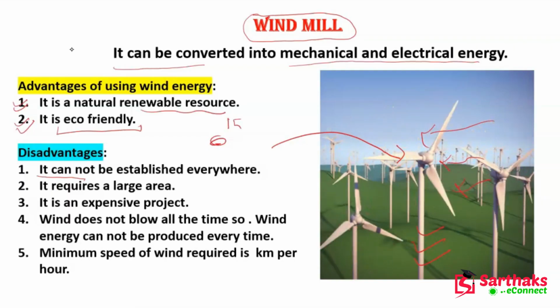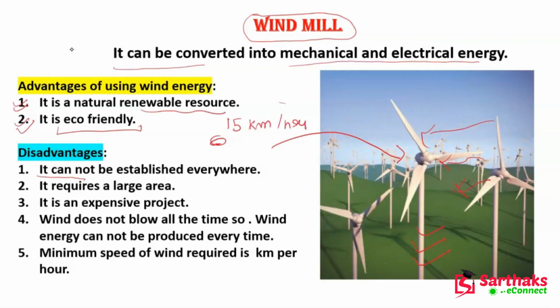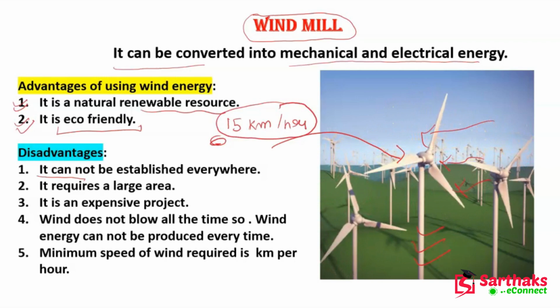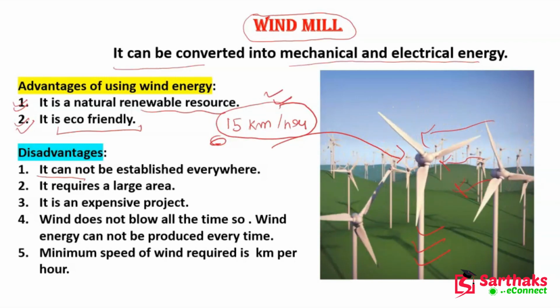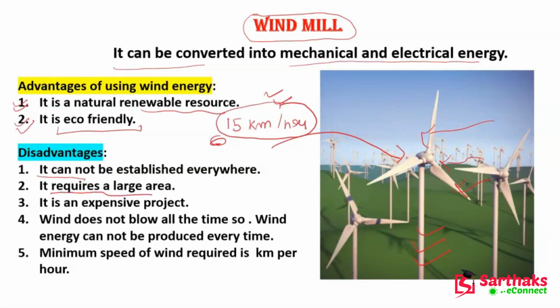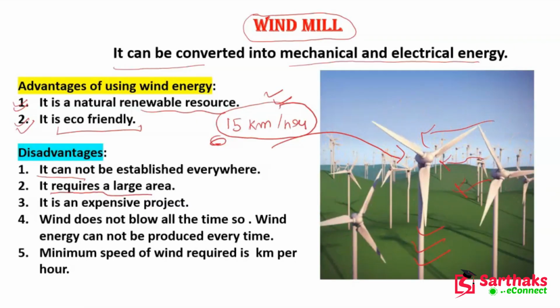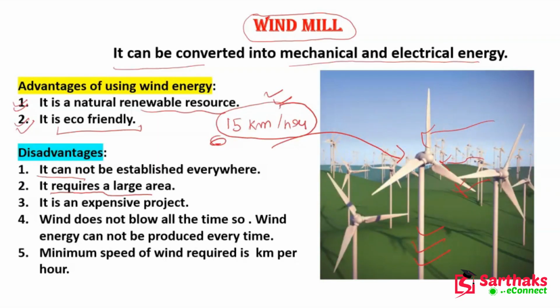It should be more than 15 kilometer per hour. 15 kilometer per hour is the minimum speed. This wind should be blown with this speed. So it requires a large area. Of course, it requires a large area. It should have a very big area where we can set up this windmill plant.